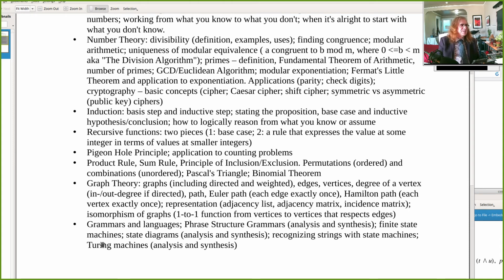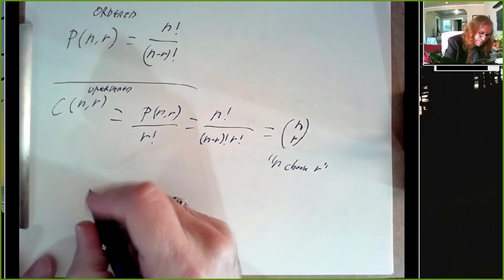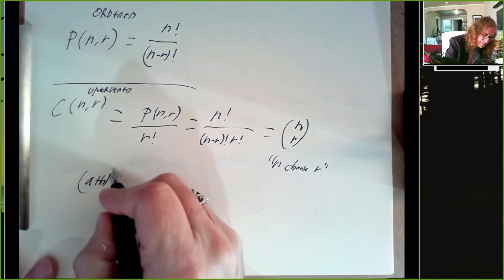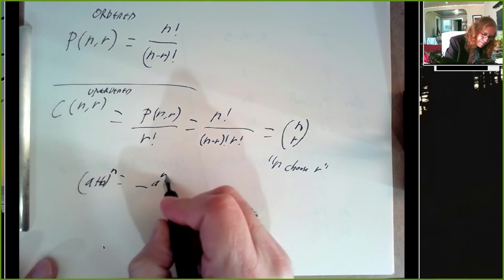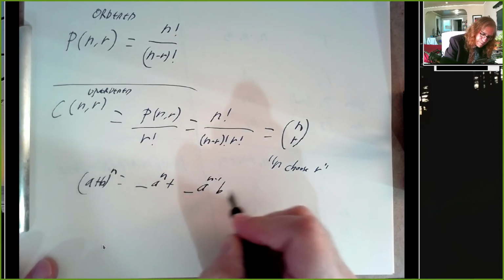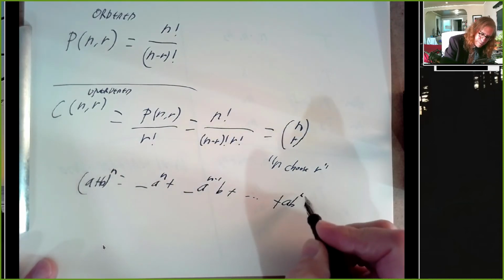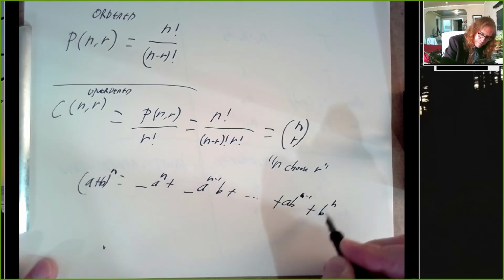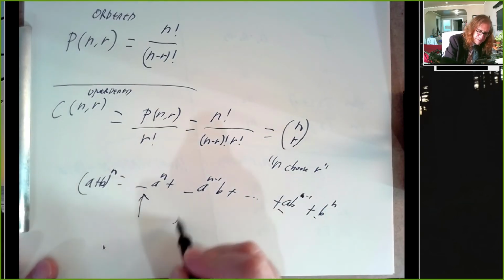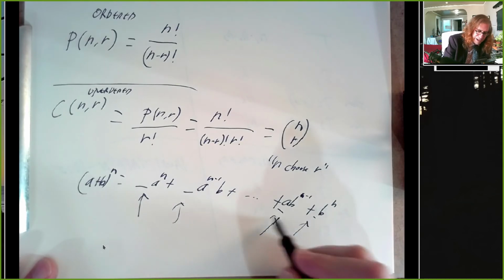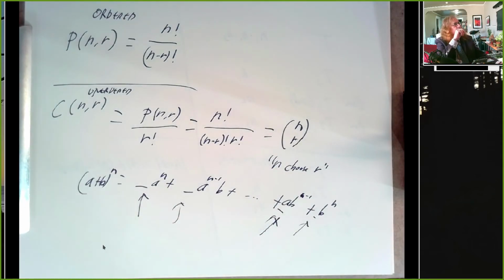Binomial theorem is this fact that if you want to do a plus b to the n, these coefficients come out of the nth row of Pascal's triangle. So I want you to know that, right? And yeah, if I ask you, is Pascal's triangle cool, you have to say true, because that's the right answer.